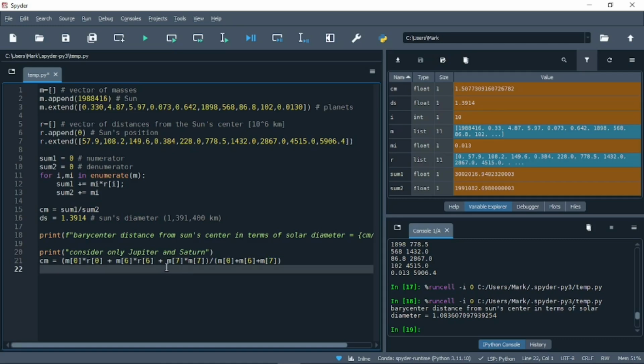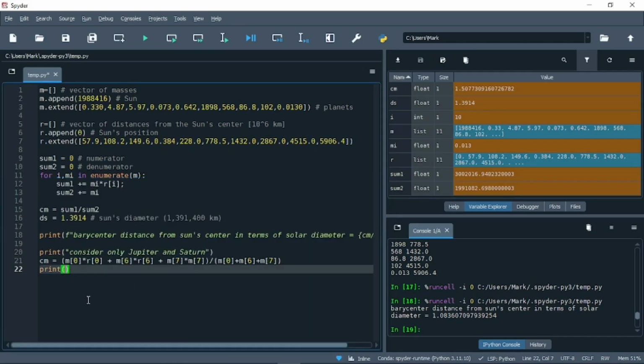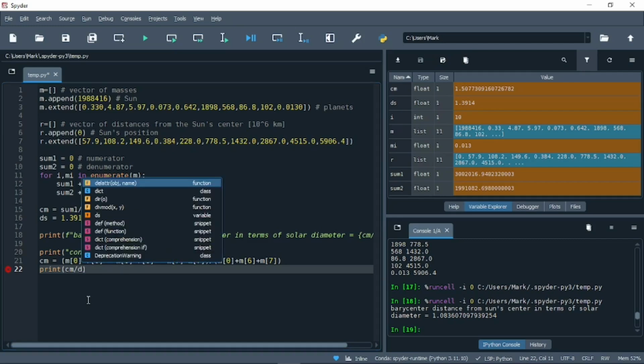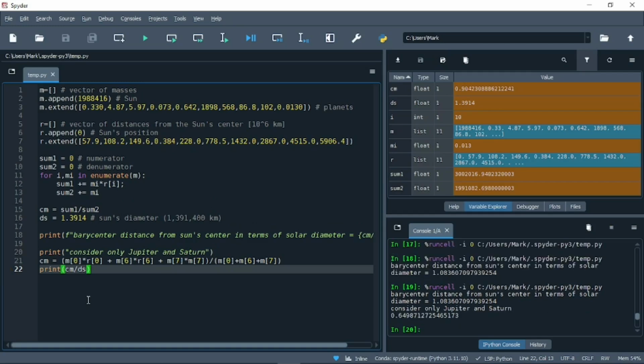Okay, and let's print our newly found cm over the diameter of the sun. So if we consider only these two planets, our result is a bit lower, of course.